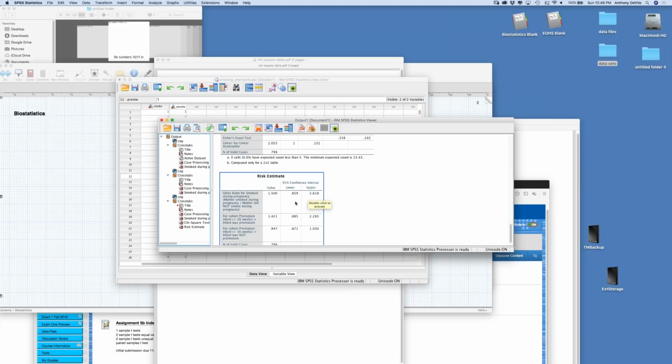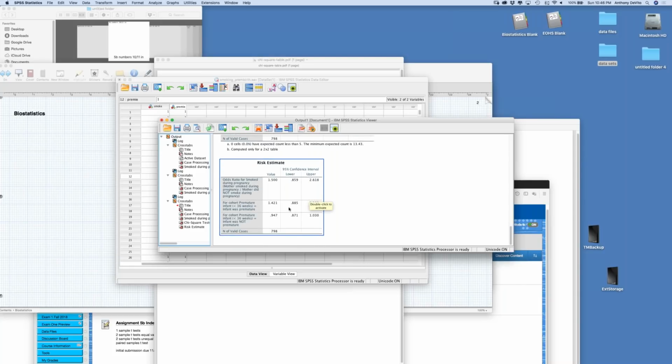Well, let's see, the 95% confidence interval is 0.85 to 2.6. 1 is between those, so we can't say with 95% confidence that it's not 1. Had this been 1.8 to 2.6, we'd know we're 95% sure that the true odds ratio is not 1, because it would be outside of the confidence interval for what we think the true odds ratio is.